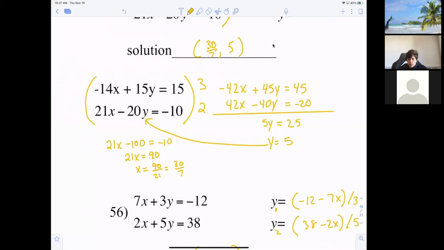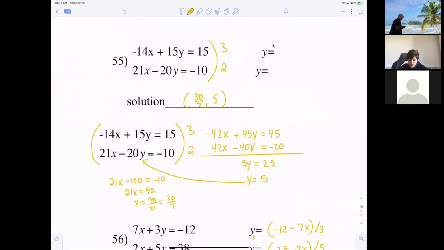All right, so here we go. Y1, open parentheses. What am I writing? 15 plus 4x, divided by 15.